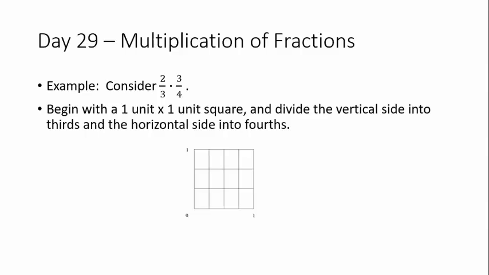So I'm going to divide the vertical side here into 3 equal pieces. I'm creating 3 horizontal strips here. Right? Each of these is the same size. The second fraction, 3/4, denominator of 4 here, and so I'm going to divide a horizontal side into 4 equal pieces. So I've got these vertical strips here.